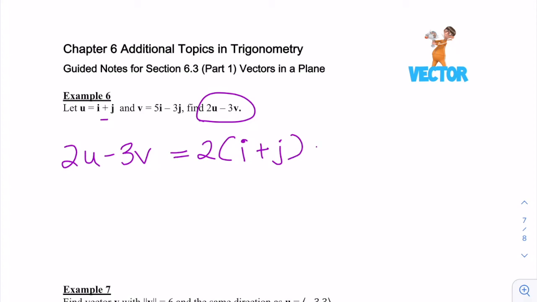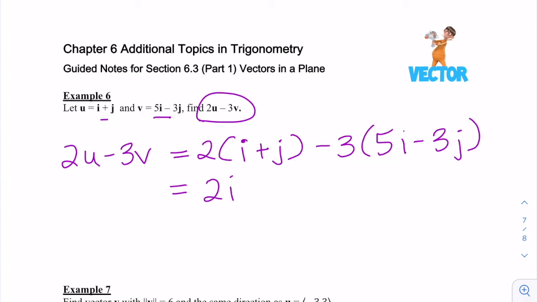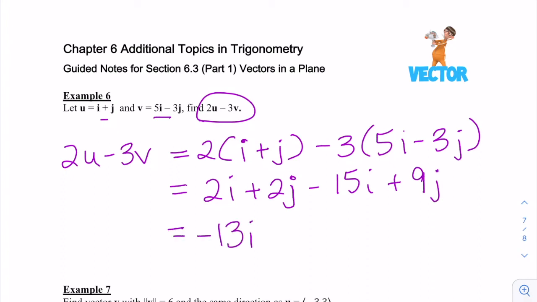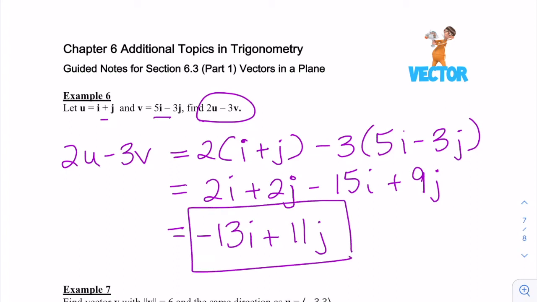And then our vector v will be 5i minus 3j. So we're actually just going to use algebra. Just distribute the 2, distribute the 3. This is -15i plus 9j. And then combine like terms. So you have -13i plus 11j. Right, just using basic rules of algebra.